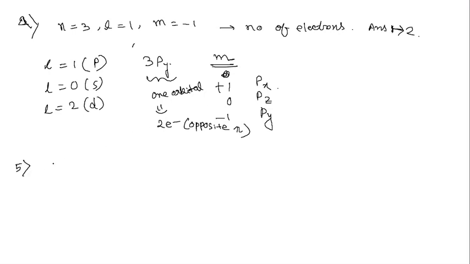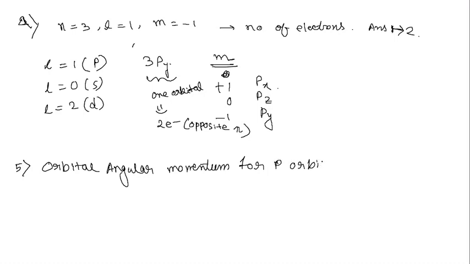The next question is, they told about the orbital angular momentum of a p electron. What is the orbital angular momentum for a p electron?